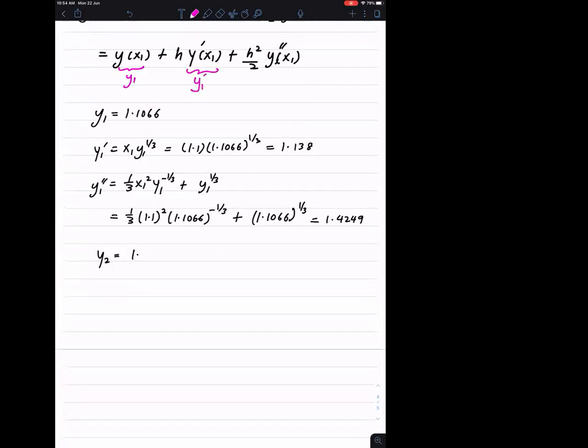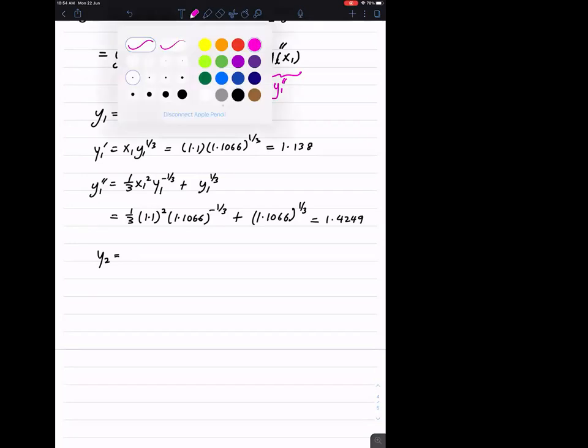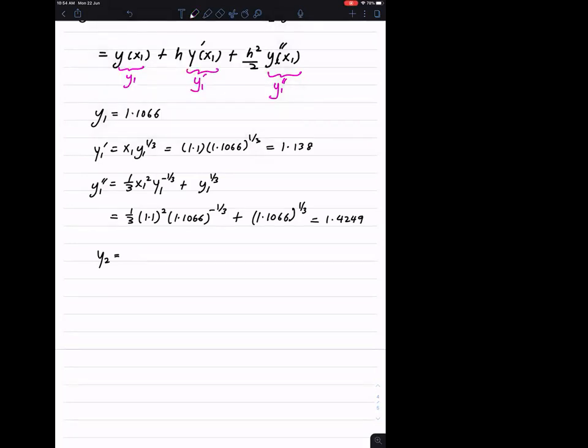This is y1 prime. y2 is 1.1066 plus 0.1 multiplied by 1.138.